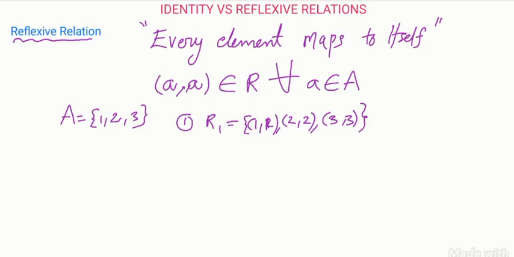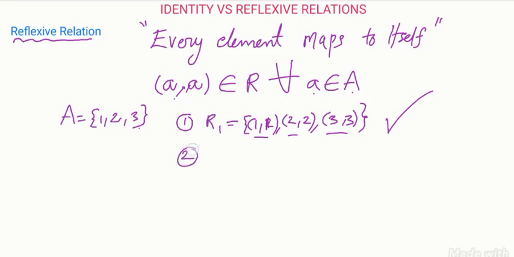Yes, it is a reflexive relation. What is the reflexive relation definition? If a belongs to A, then (a, a) should be in that relation. 1, 2, 3 are in A, and we have (1,1), (2,2), (3,3) in that relation, so it is said to be reflexive. You just have to see whether (1,1), (2,2), (3,3) are there.